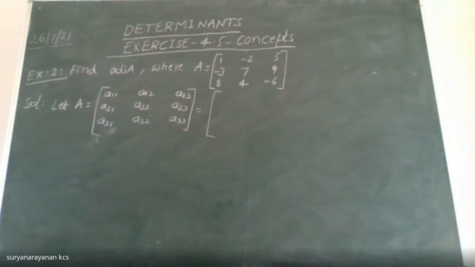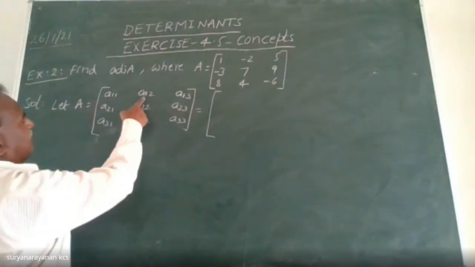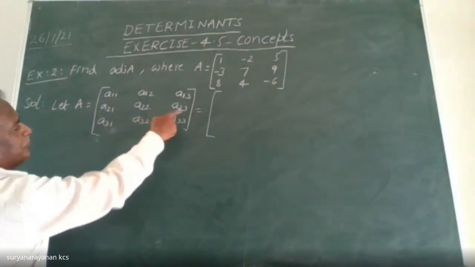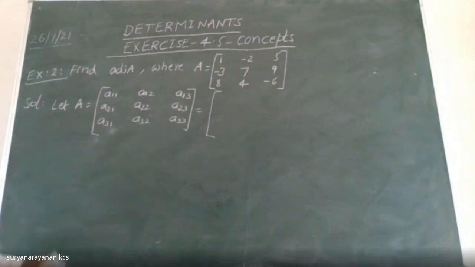Let us denote this matrix by A11, A12, A13, A21, A22, A23, A31, A32, A33.